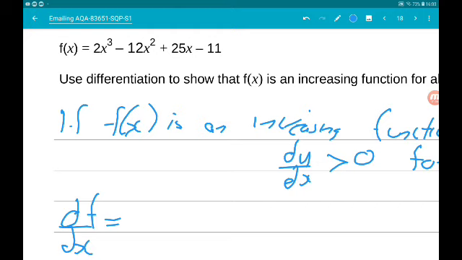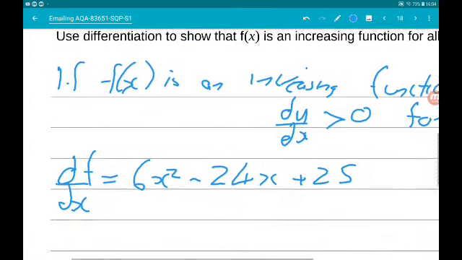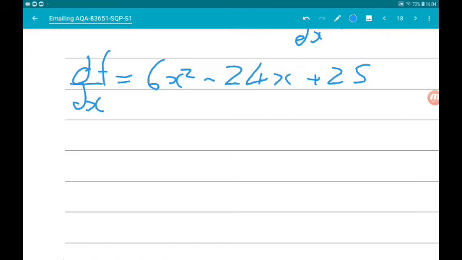So we get 6x squared minus 12x squared differentiates to minus 24x. 25x differentiates to 25, and the 11 at the end differentiates to 0. Okay, so that is our derivative.